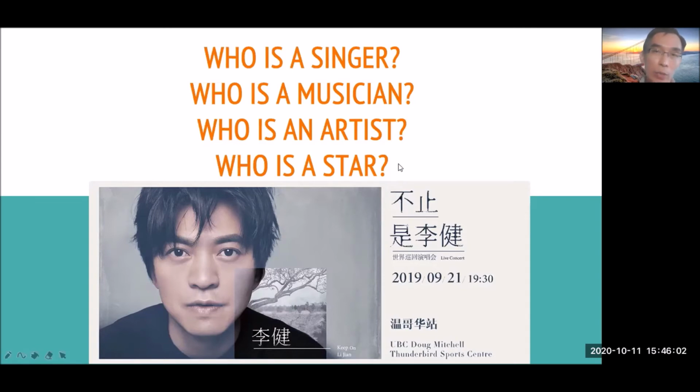In fact, it's like you are a salesman. You look at yourself just as a salesman, but behind a salesman, in this case behind a star, he can be an artist, he can be a musician, he can be a singer. So to answer this marketing question, you have to think behind. That means who are you supposed to be when you answer that question?